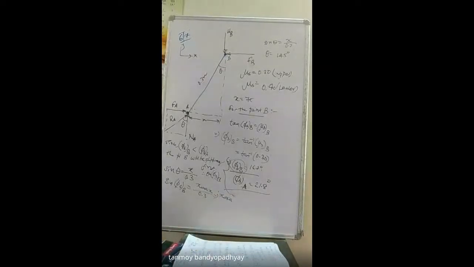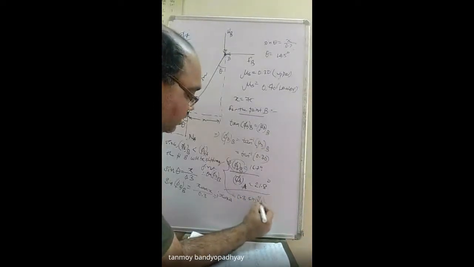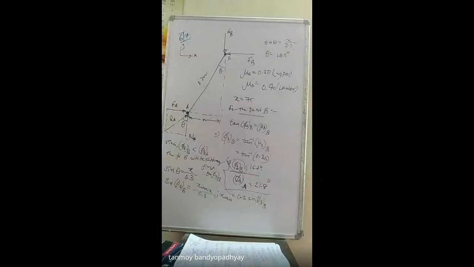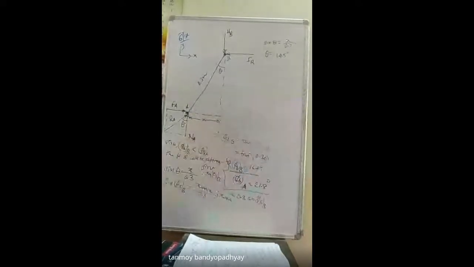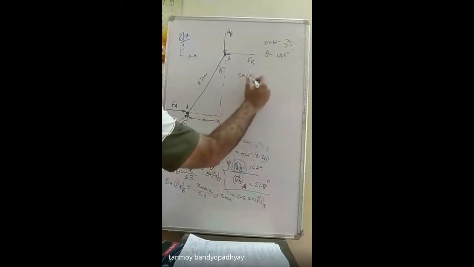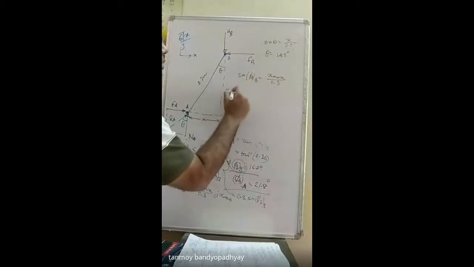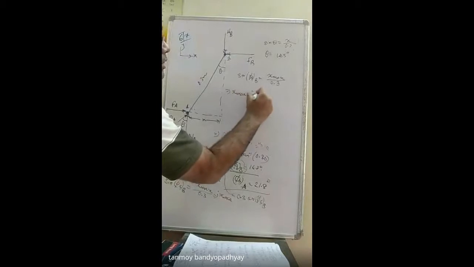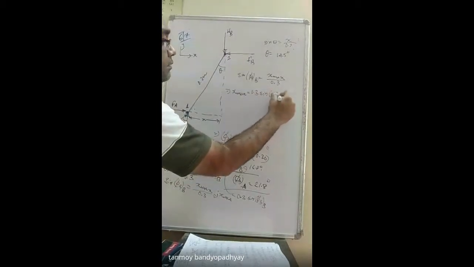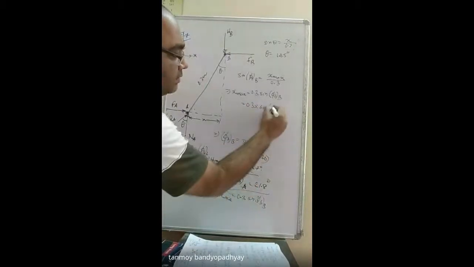So what is x max? x max is 0.3 sin phi S B. Sin phi S B equals x max divided by 0.3, so x max will be equal to 0.3 sin phi S B. Calculate it. Phi S B was, I think, 16.7 degrees.